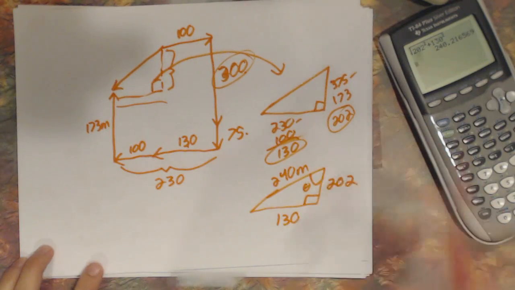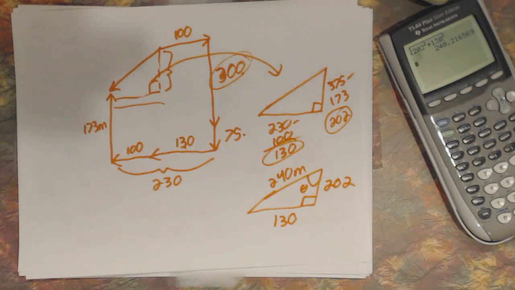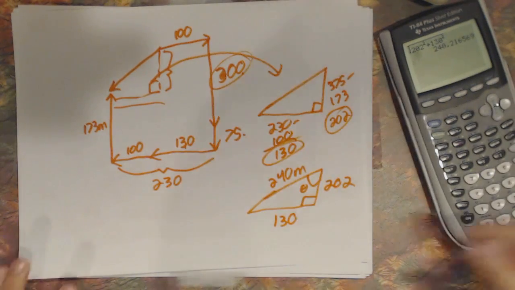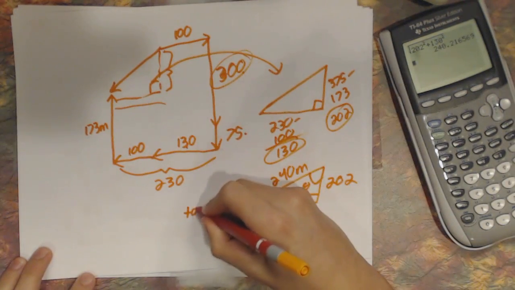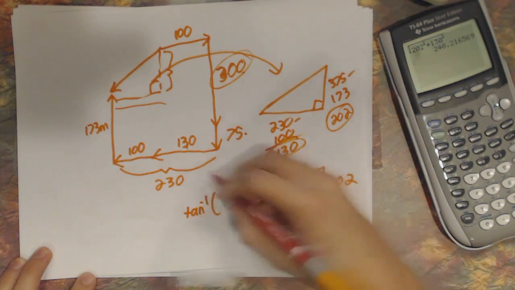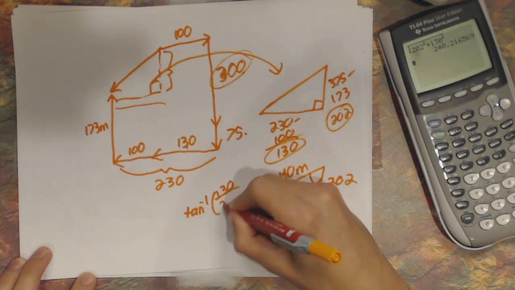So now we need this angle theta. And to find that, we're going to do the inverse tangent of the opposite over the adjacent.